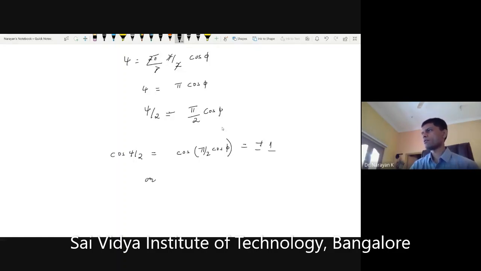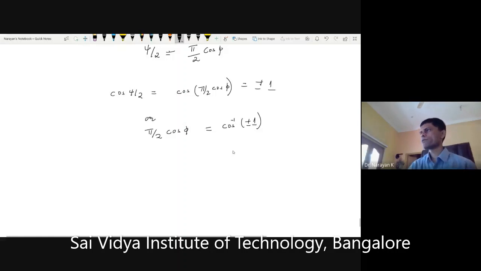So pi by 2 cos phi is equal to cos inverse of plus minus 1. If you solve this, this is the maxima condition. So pi by 2 I can write as cos phi maximum value is equal to 0.